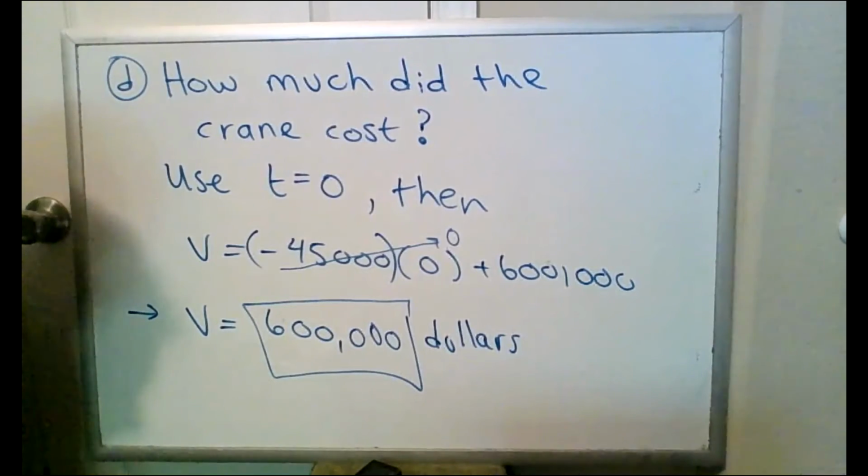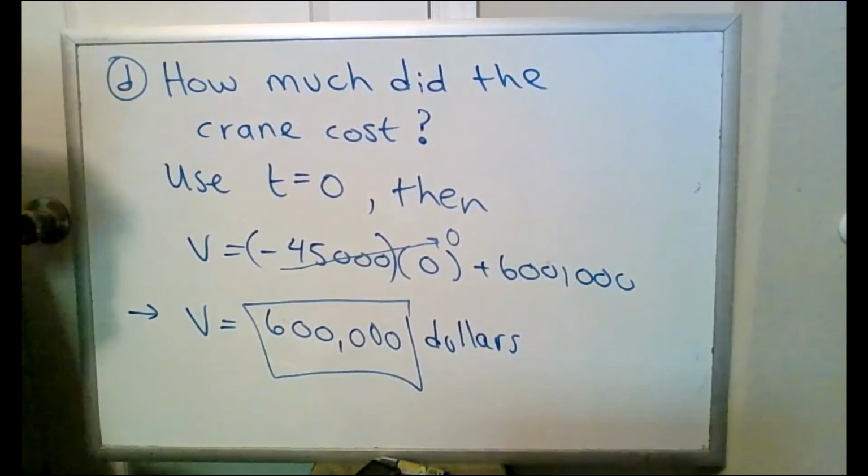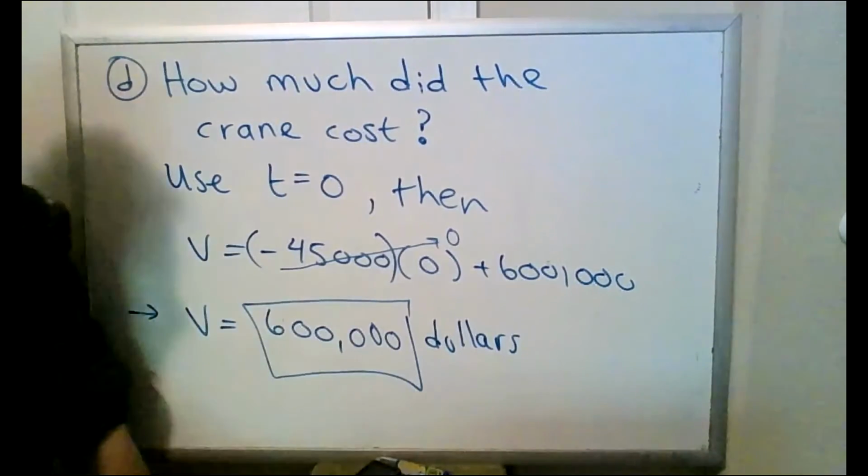All right, there's another set of examples from the next section. I'm going to show you the problem and then we'll come back to the whiteboard to work it out.